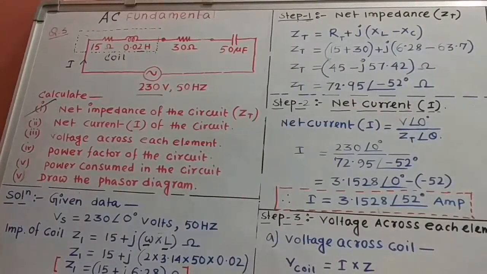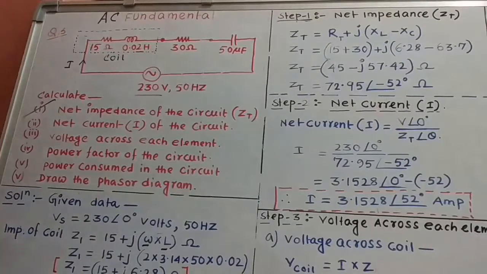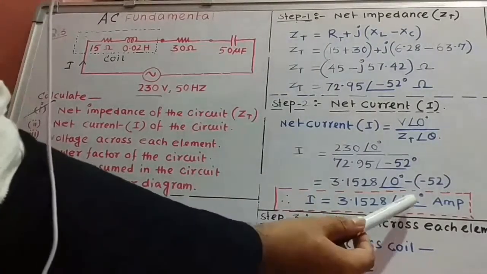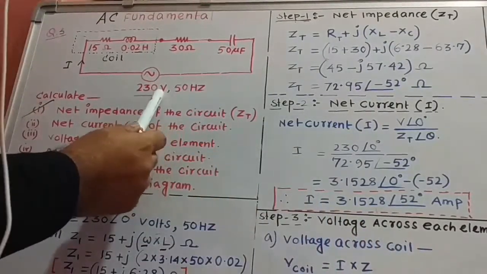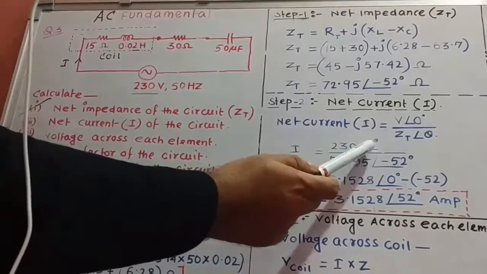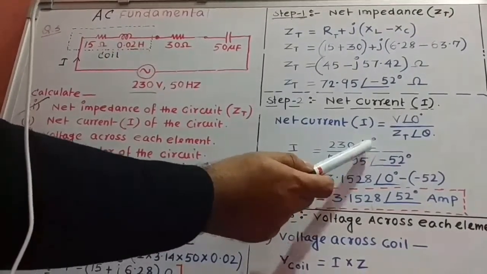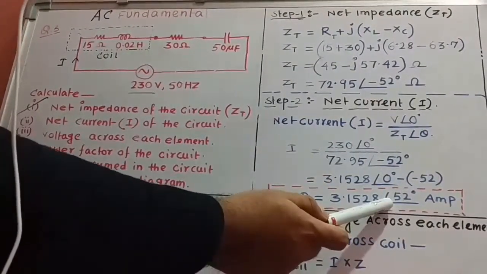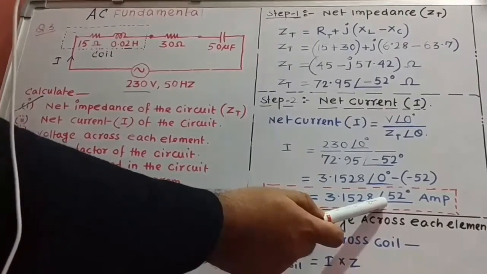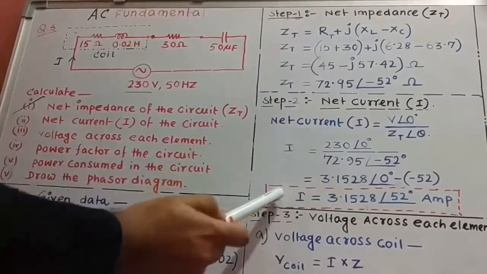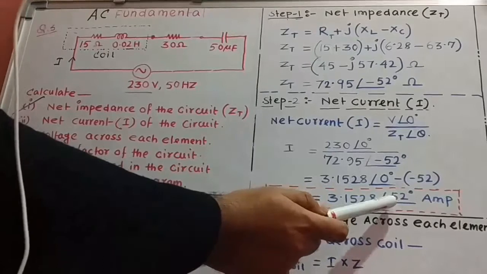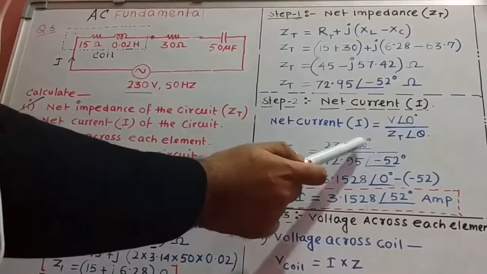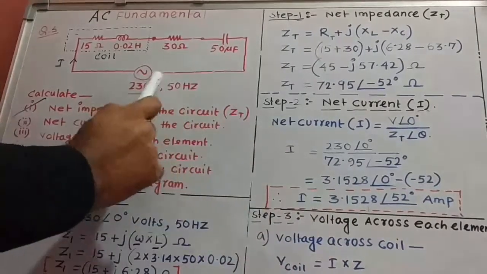So we know that in a capacitive circuit the current is leading with respect to its voltage. So here we can see that voltage is angle 0 degree, but here current is angle positive 52 degrees. So the current is leading by 52 degree with respect to the system voltage here.